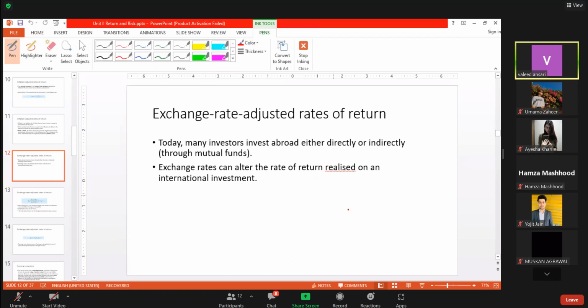So I was explaining that the difference was a 10% return differential between USA and India. And then during this period, the rupee dollar exchange rate changed, and the rupee depreciated by 10%. What does depreciation of rupee mean?